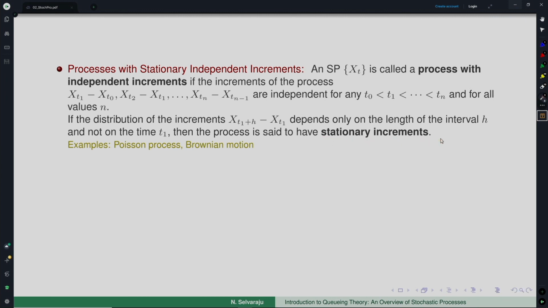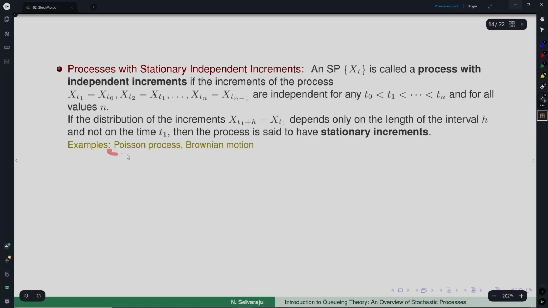Now, you could have a process with both independent increments as well as stationary increments. For example, the one that we are going to use quite frequently, or extensively, in our queuing analysis is the Poisson process, which is a process with both independent increments and stationary increments.